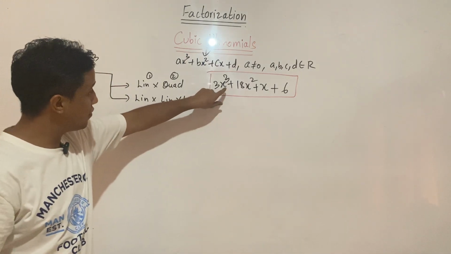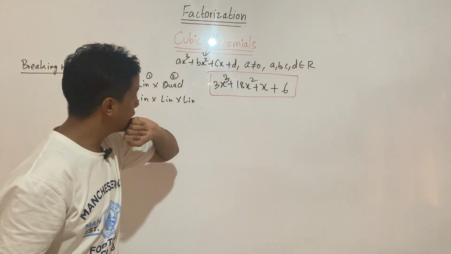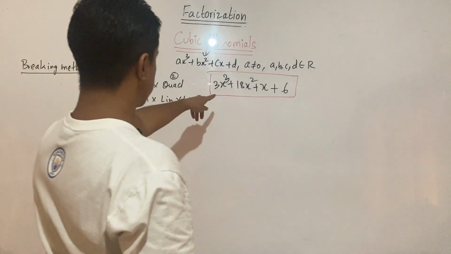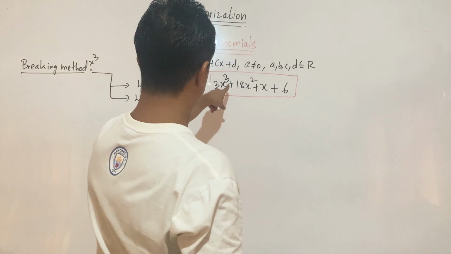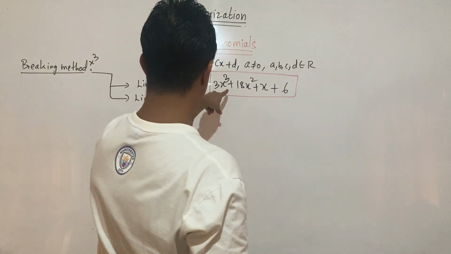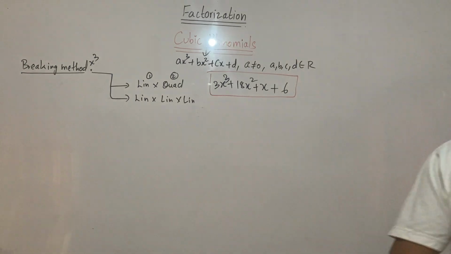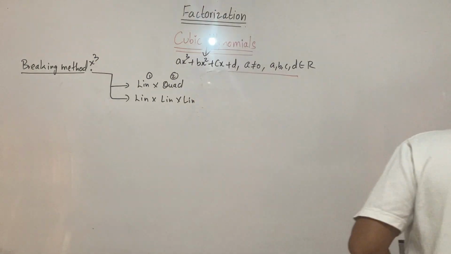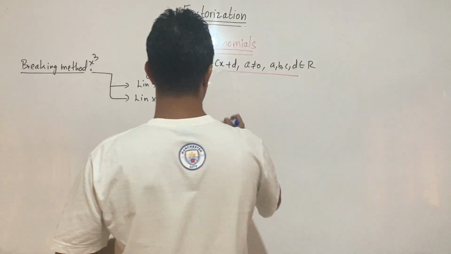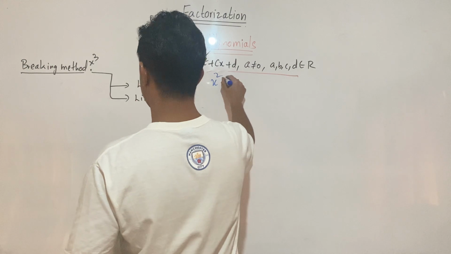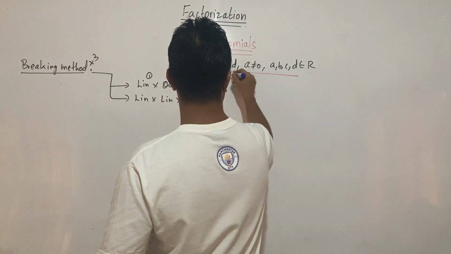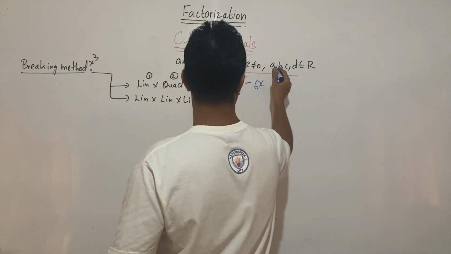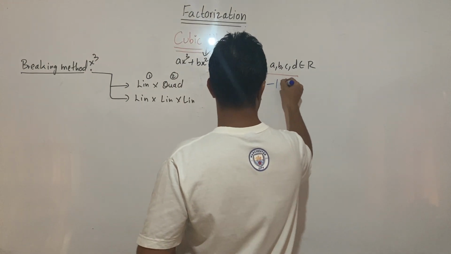And even if I group the terms, I can see, no, sorry, this is similar to the one we already did. So wait, let me change the example. This is x cubed plus 3x squared minus 6x minus 18.